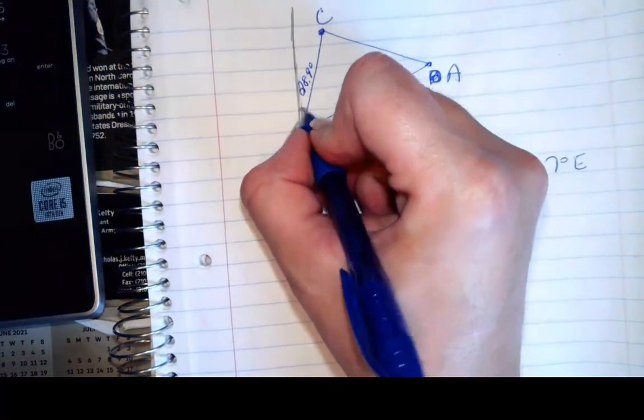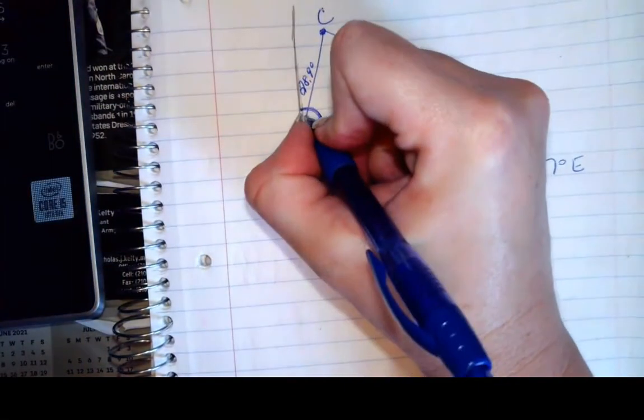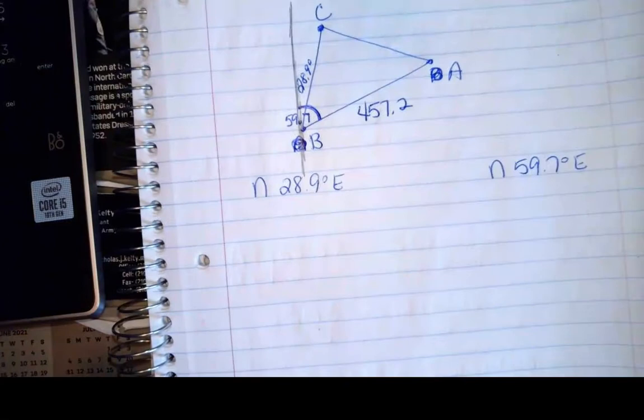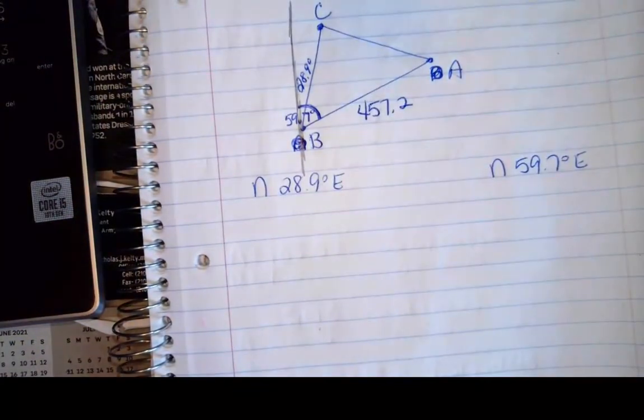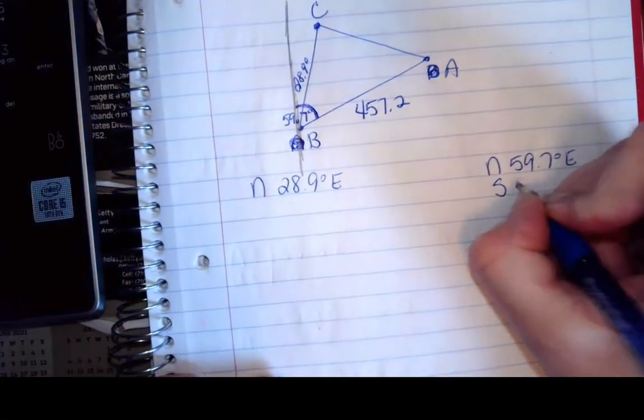So this whole thing right here is 59.7 degrees. Now, the bearing from A to B is south 59.7 west.